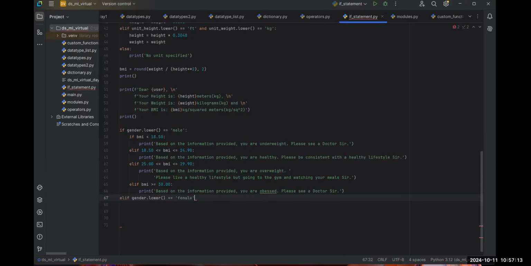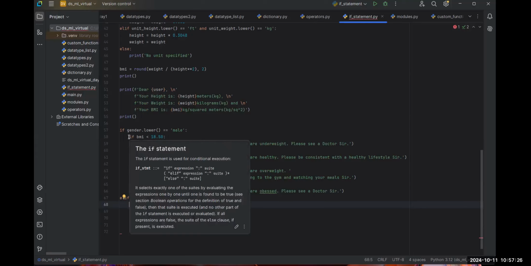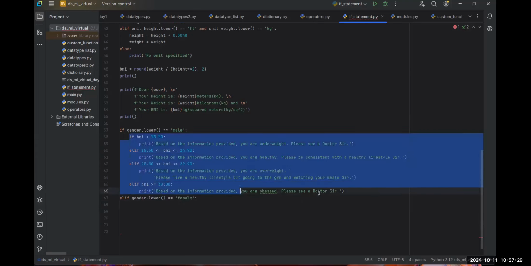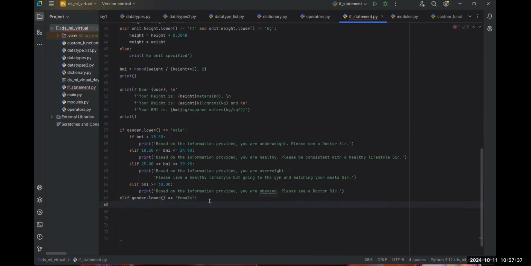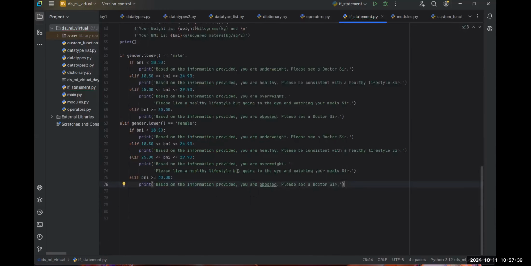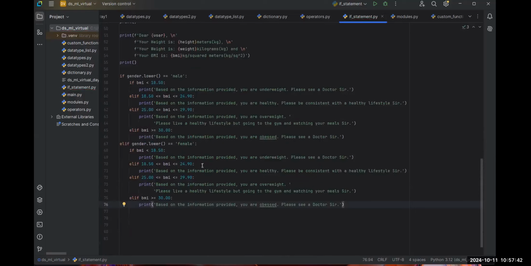All right. What happens when it is a female? Everything that we specified here, we'll do the same thing for female. So we can just go ahead and copy everything here. Let's copy, click enter and paste. So elif, gender equal to female.